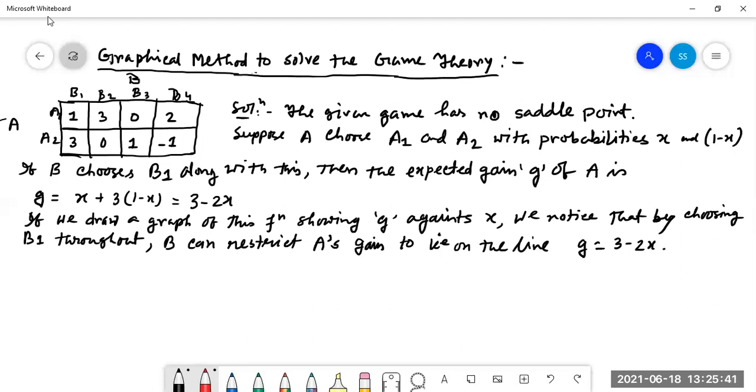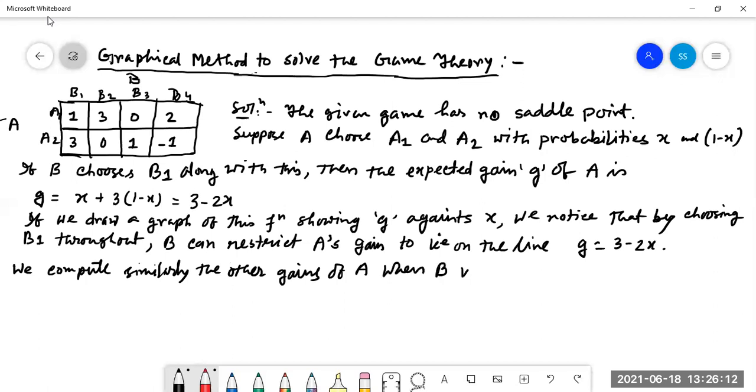We compute similarly the other gains of A when B uses B2, B3 and B4.